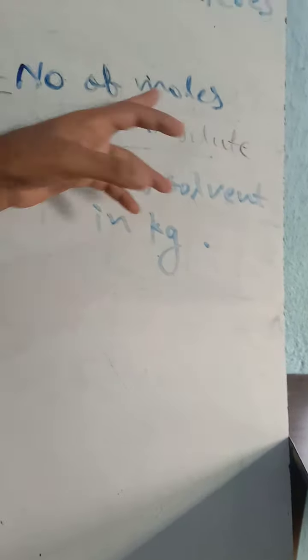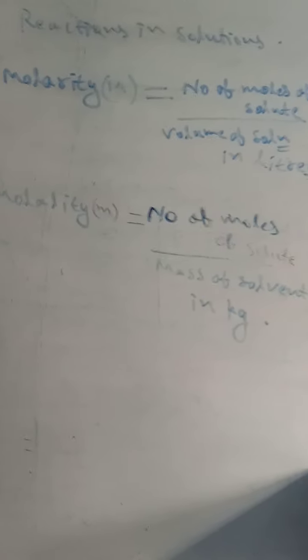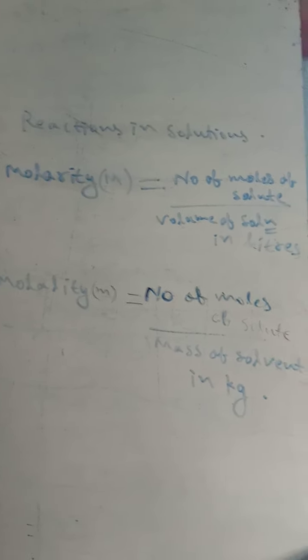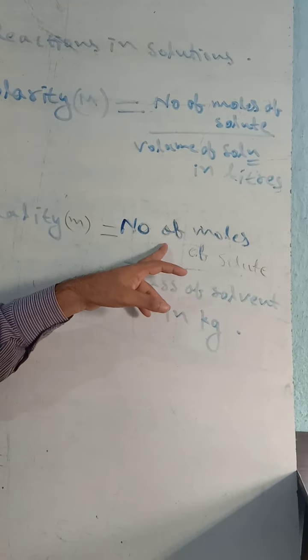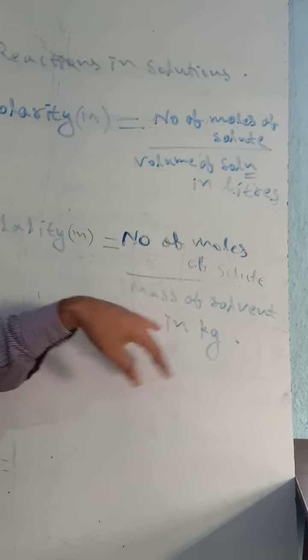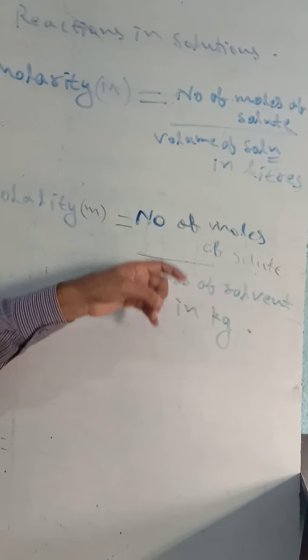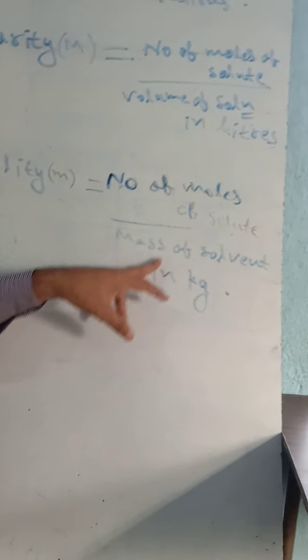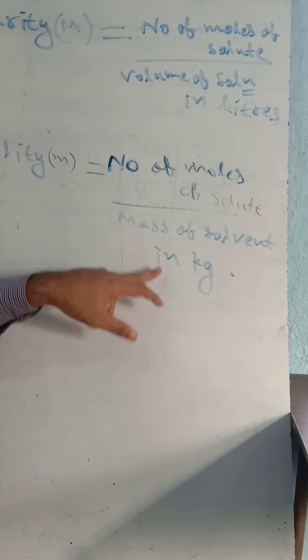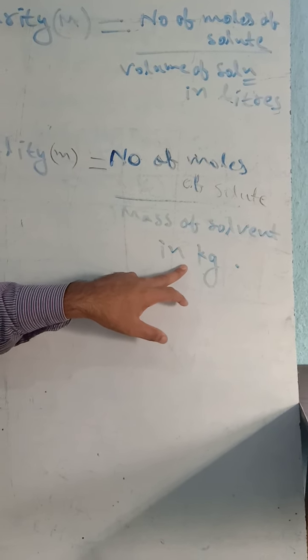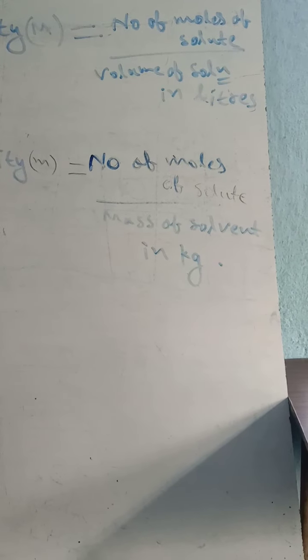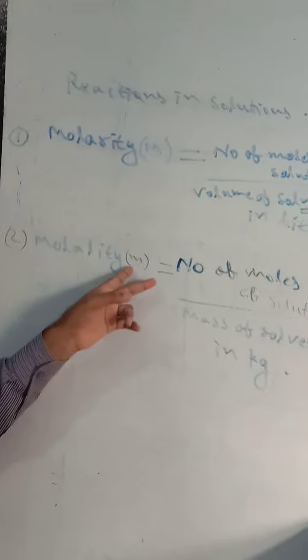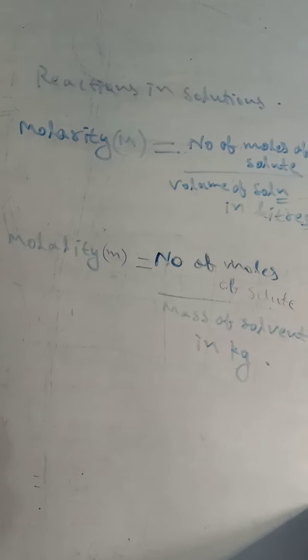So 30 by 180, which is 1 by 6. Then 1 by 6 by 1 kg, it means what? 1 by 6 m molality. Okay.